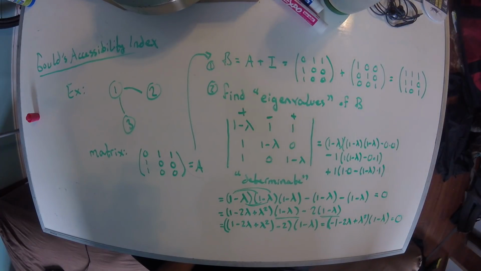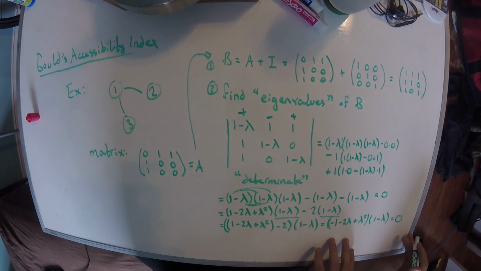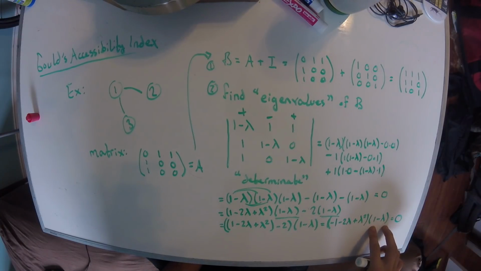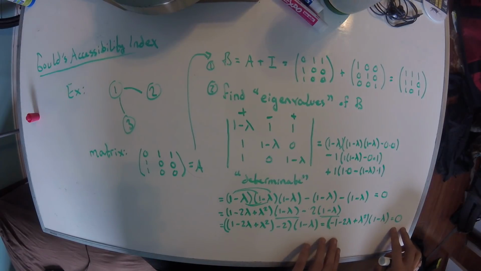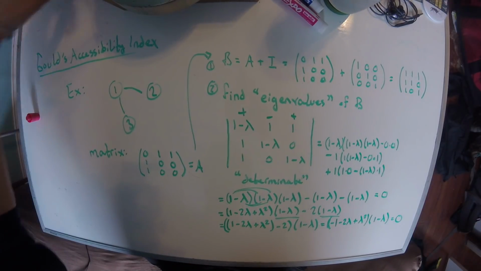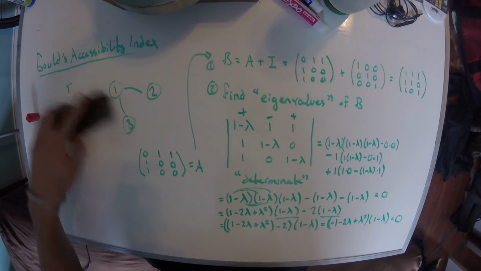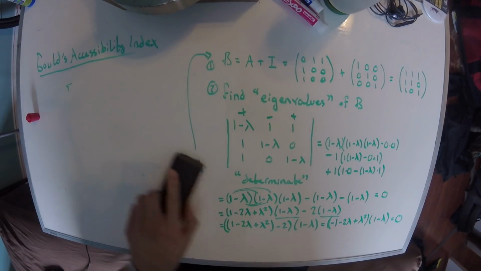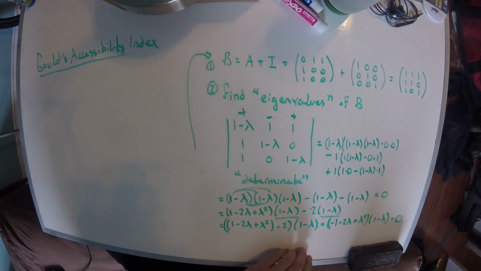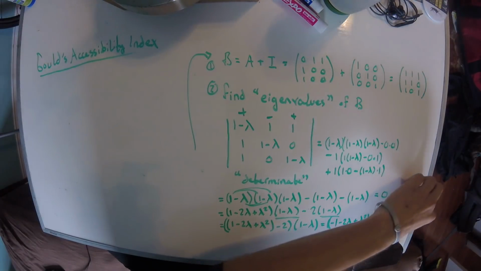And so now from here we can find some solutions, because we know that these two things being multiplied together have to be equal to 0. And so that means that either this equals 0 or this equals 0. So I'm going to make some room over here, and I'm going to rewrite what I've got at the end up here.